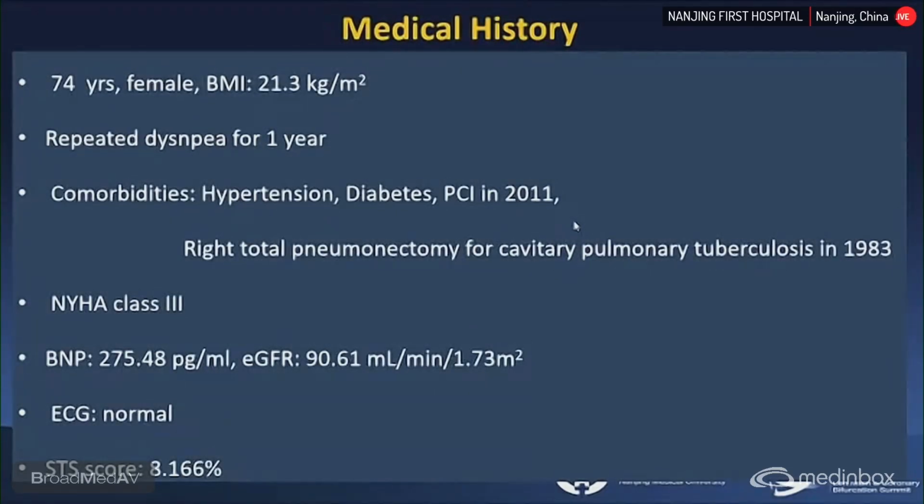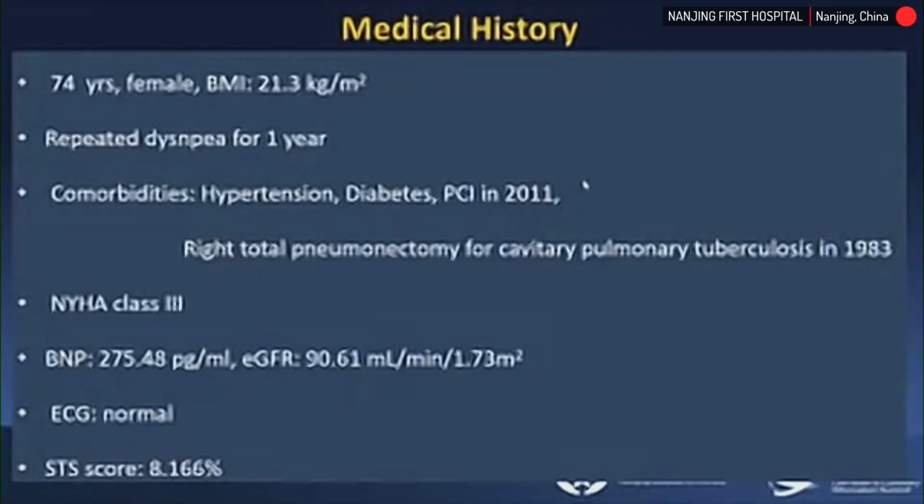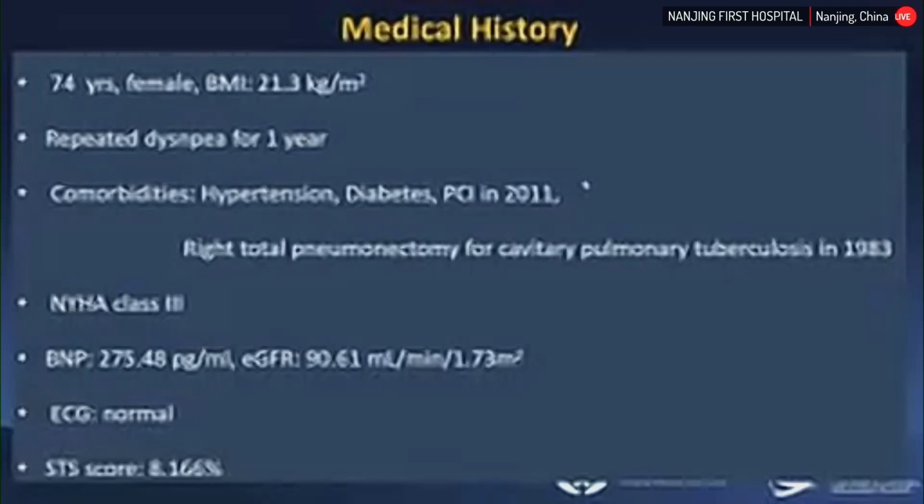This is a 74-year-old female presented with repeated dyspnea for 1 year. This patient has quite a lot of comorbidity, including essential hypertension and diabetes. 12 years ago, the patient suffered from a heart attack and was treated with stenting in the LAD with a two-stent technique.